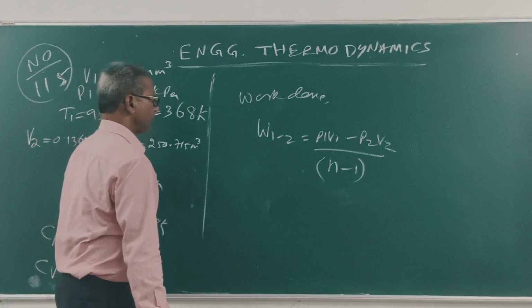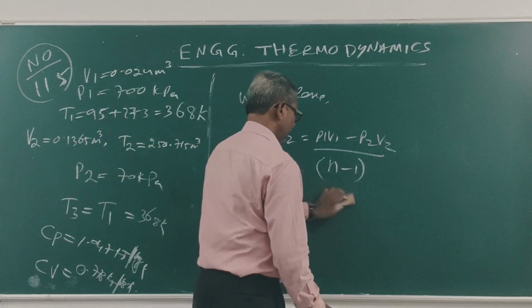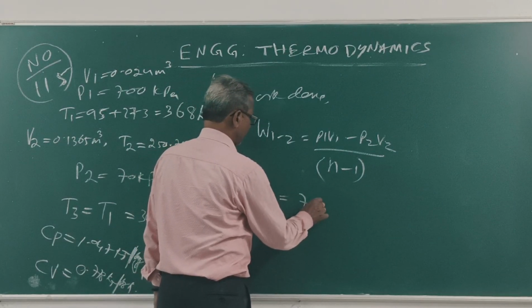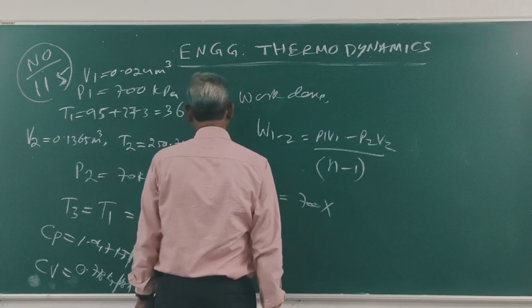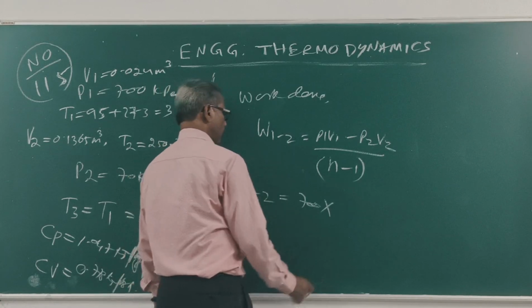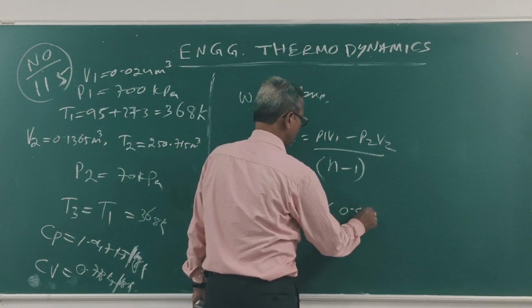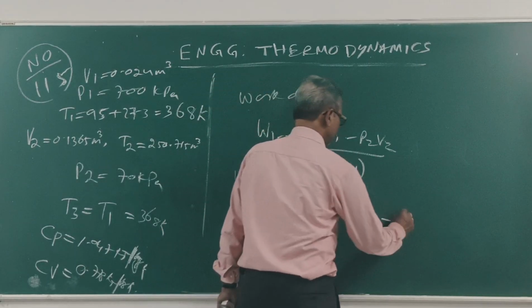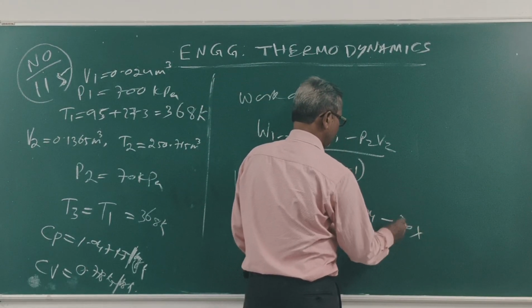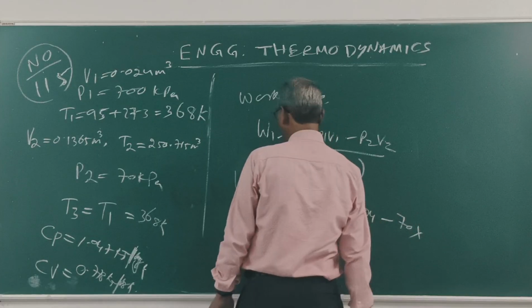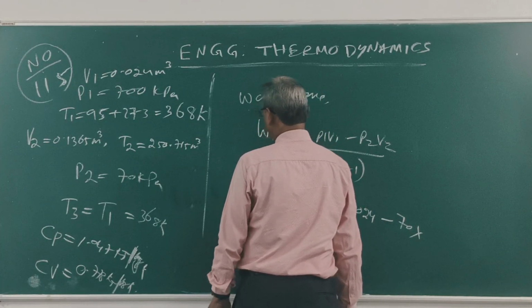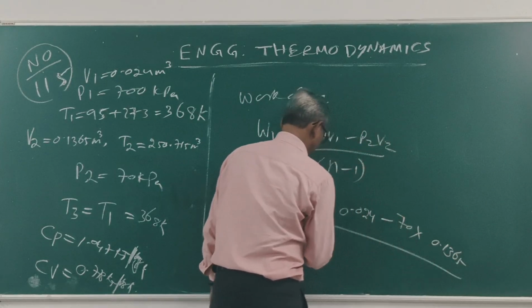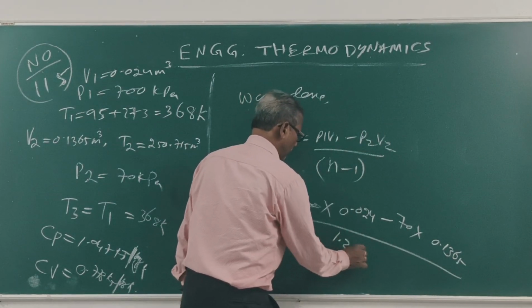What is P1? 700. So W12 is equal to 700 into V1 means 0.024, minus P2 means 70, V2 is equal to 0.1365, by n minus 1, 1.2 minus 1.